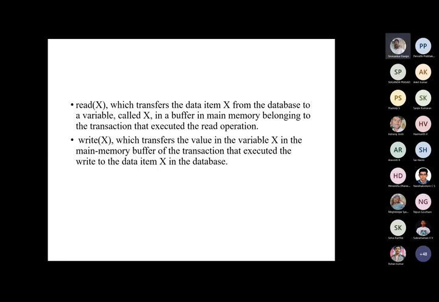So read of X means you are going to transfer the data item from the database to a variable called X.